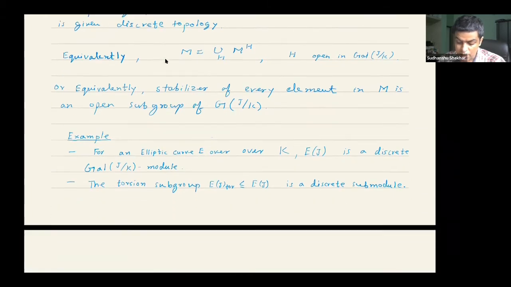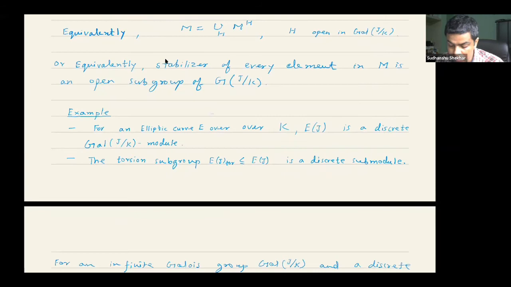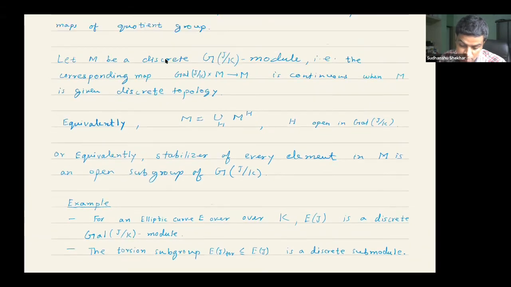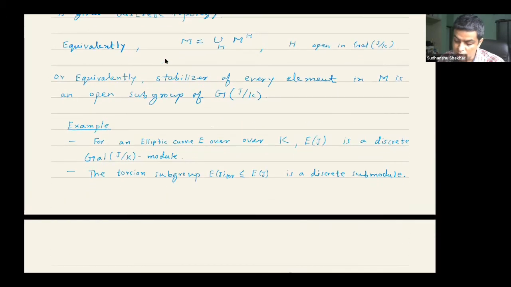Here are examples. This is the example which we are interested in. Let E be an elliptic curve over K and J be the same extension of K. Then E(J) is a discrete module over the Galois group of J over K. In fact, E(J) is the union of E(L), where L ranges over finite extensions of K. So from here we see that E(J) is a discrete module over this Galois group.